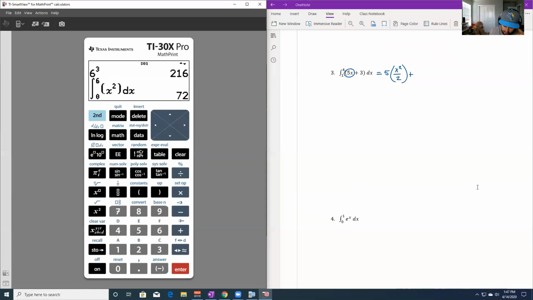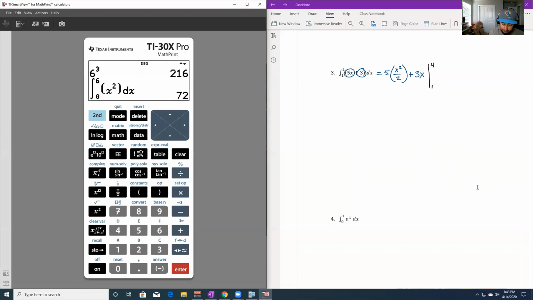Plus, now we look at the antiderivative of 3. The antiderivative of 3 is going to be 3x. Okay, which means now we will evaluate this from 1 to 4.